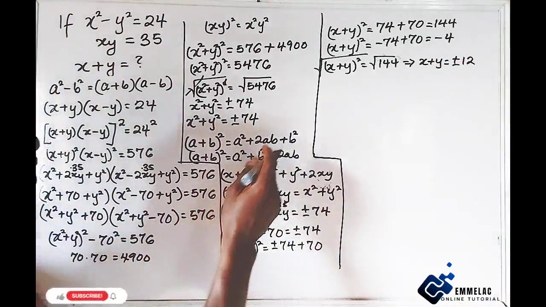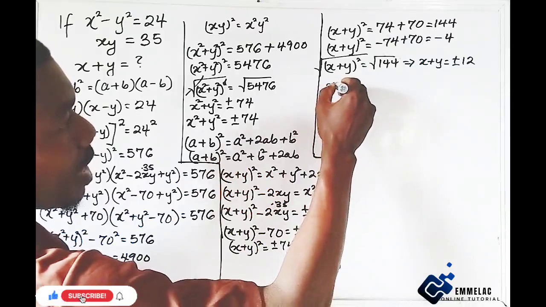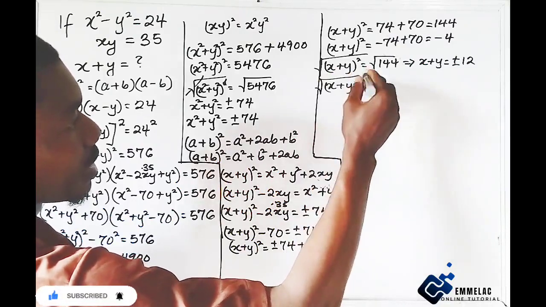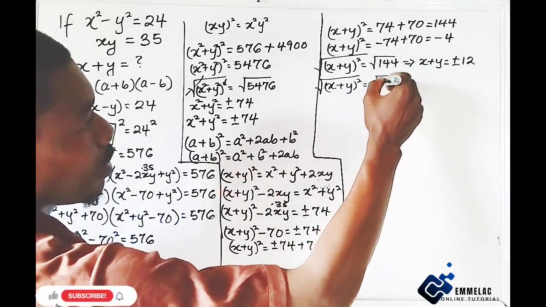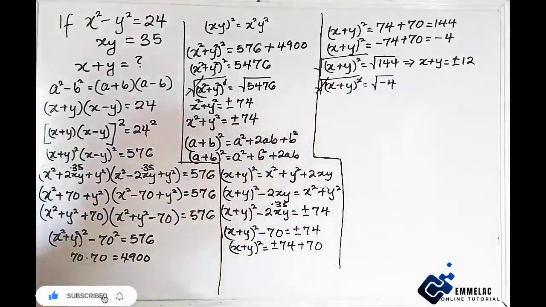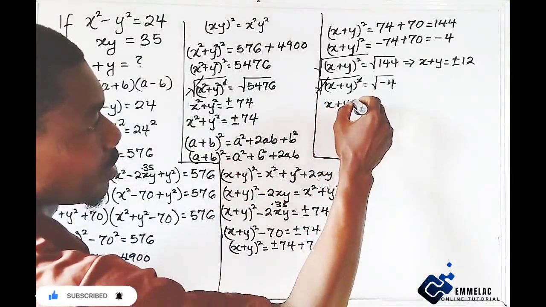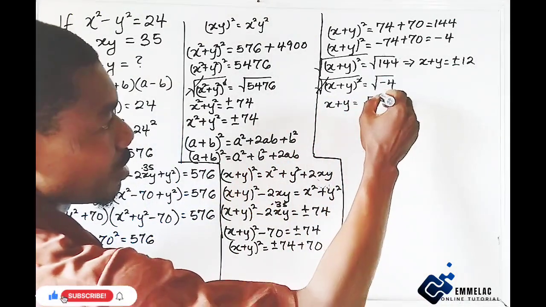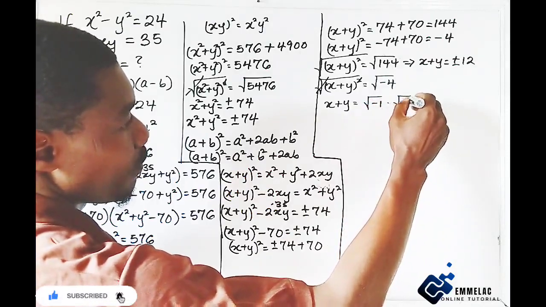Now the next one, for this one, here we have x plus y. Now finding the square root again, so here we have the square root of negative 4. Now this will eliminate this. Take note that x plus y will now give us negative 1 times 4.